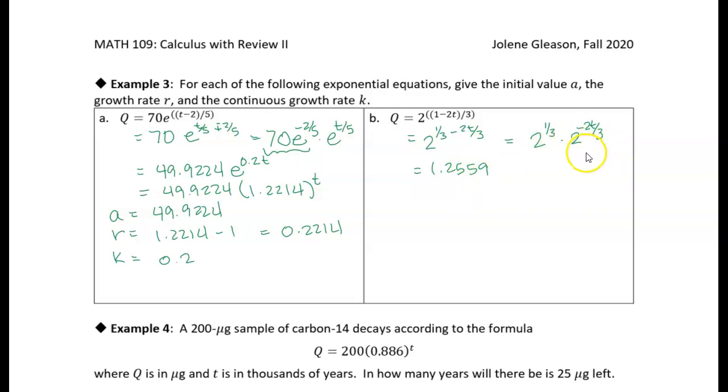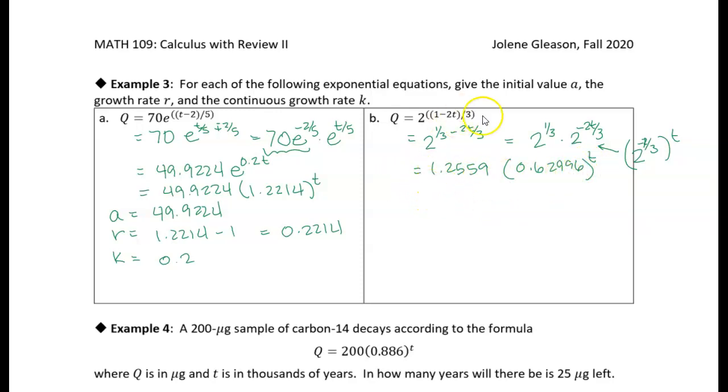And then I can rewrite this other part as 2 to the minus 2/3 to the t. When I calculate 2 to the minus 2/3, I get 0.62996 to the t. So now that's in the form a b to the t.